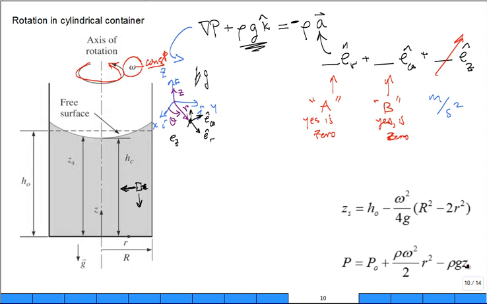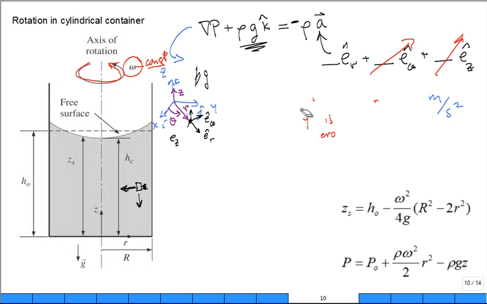So I think the consensus of the class was, which one is 0? A is 0? The other consensus of the class was that B is 0. There we go. We finally got it. All right.